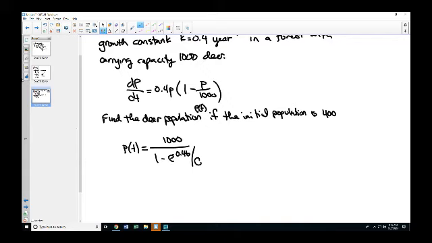And then how do we find that constant? C equals y0 over y0 minus 1,000. Negative 2/3. 2/3.